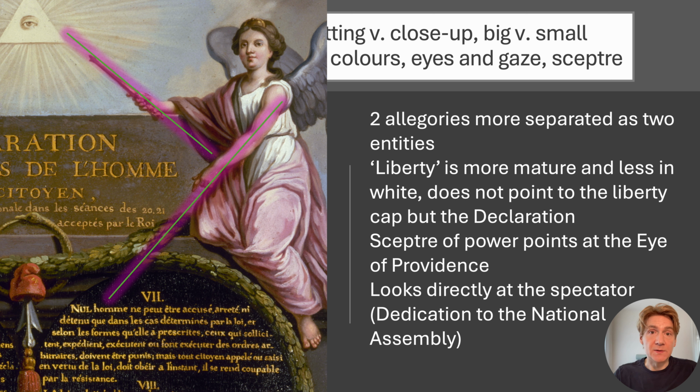Her gaze is also directed at the spectator, which is the National Assembly, to which the painting is dedicated. All of these details start to cast doubt as to the identity of the allegory as liberty, as genius figure accompanying monarchical France.